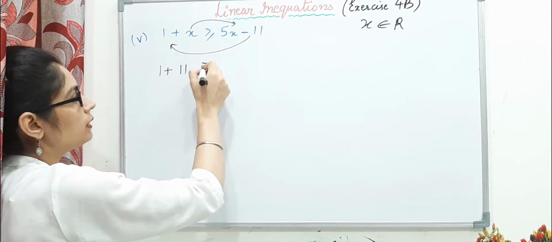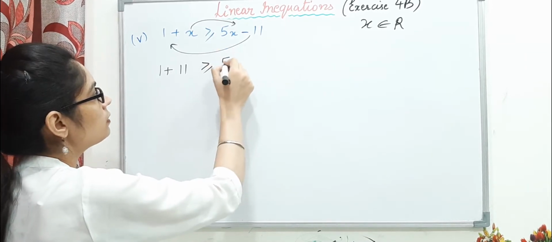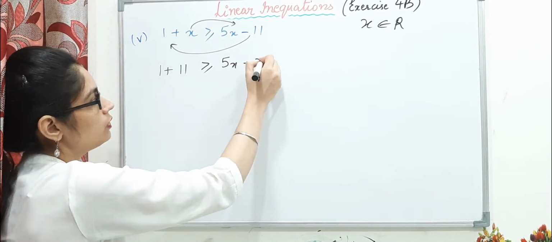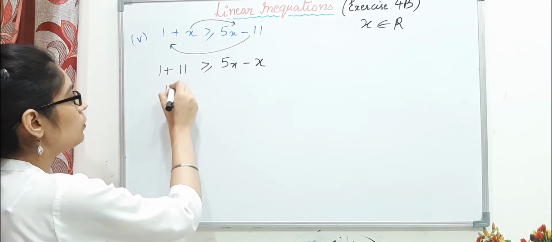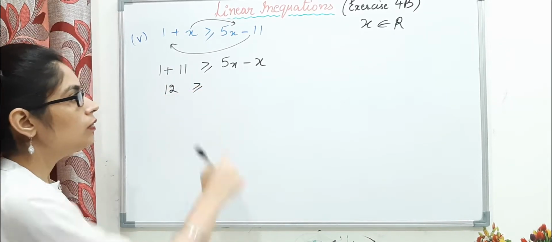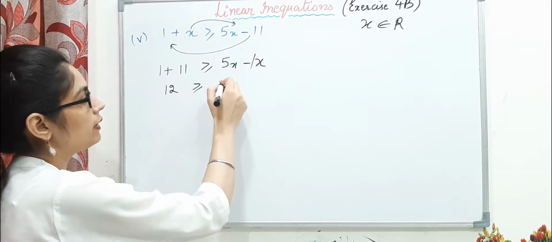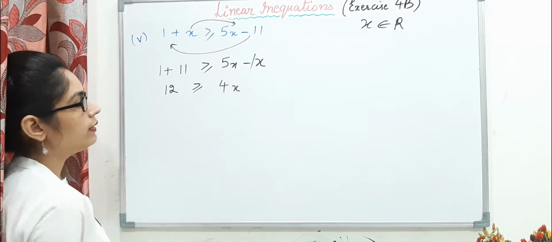This sign will remain same, greater than equals to 5x as it is, and this plus x I am writing on this side, so it will be changed to minus x. 1 plus 11 is 12, greater than equals to 5x minus x means 1x, 5x minus 1x is 4x. 5 minus 1, 4, and x you have to write as it is.